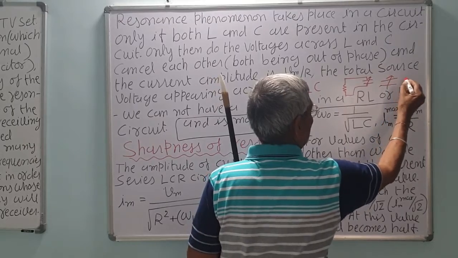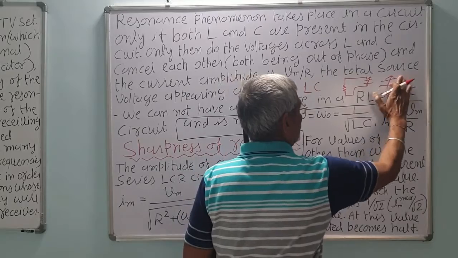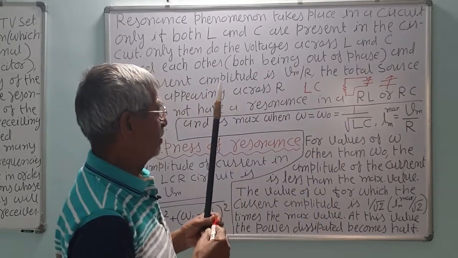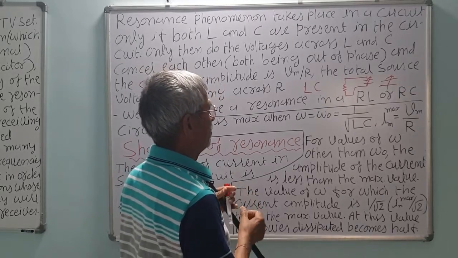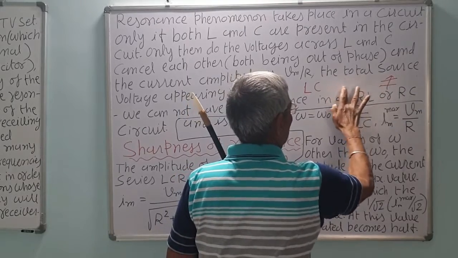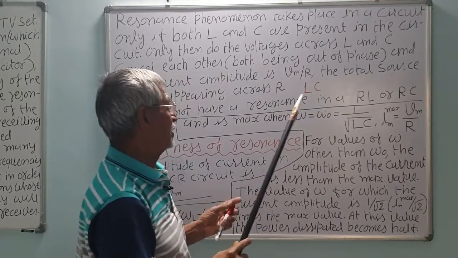This is a fixed capacitor. This is a variable capacitor, called the gang capacitor. We change the spacing between the plates of a capacitor and we change its capacitance. We cannot change the L, we can change only C.